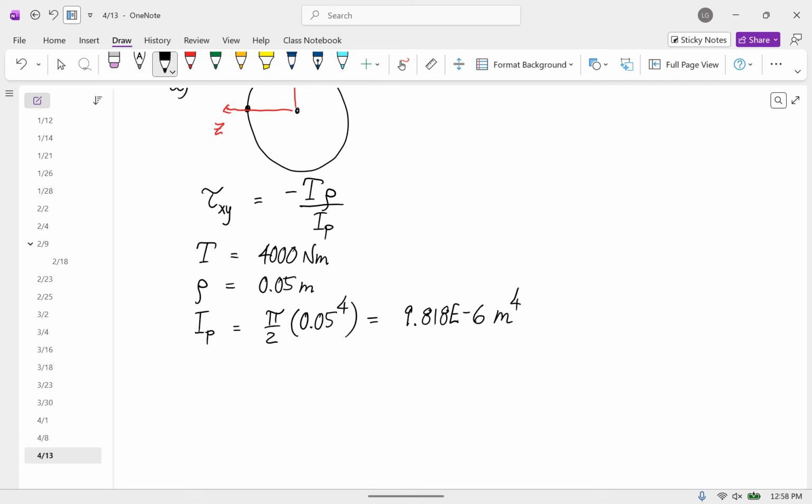And now we have everything we need. So our tau xy is equal to negative of 4,000 times 0.05 divided by 9.818 times 10 to the minus 6.